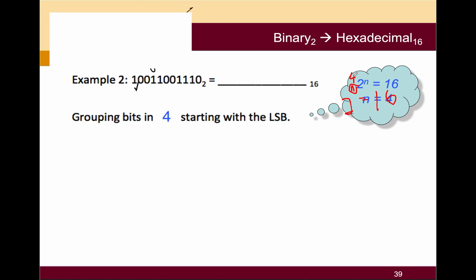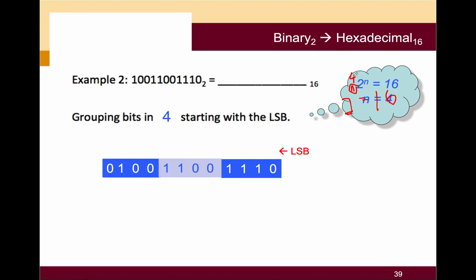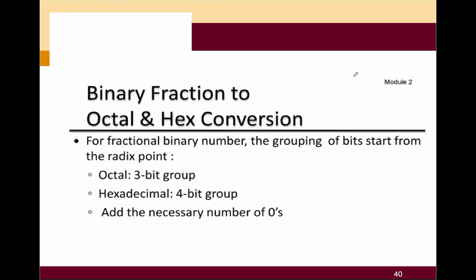And this is the example: you need to group it into 4, starting from your LSB side, you get it like this, and you directly convert, and here is your answer. Easy peasy, right? So now, let's say you have binary fraction to octal and also hex conversions.